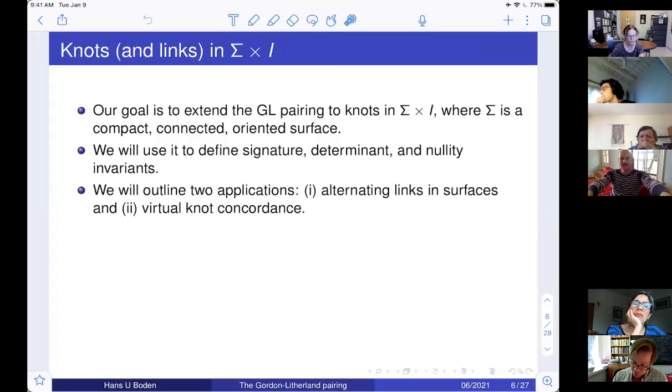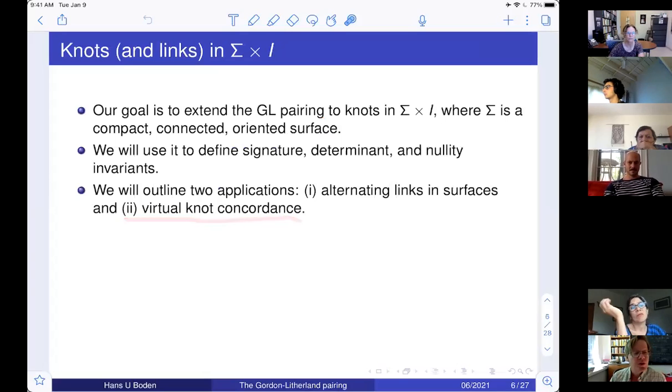And I'm hoping to outline two applications of this. One is toward generalizing Josh Greene and Josh Howie's characterization of alternating links to alternating links in surfaces. And a second is an application to virtual knot concordance.